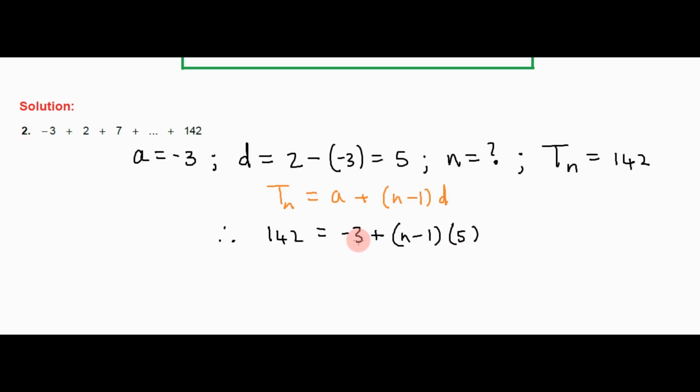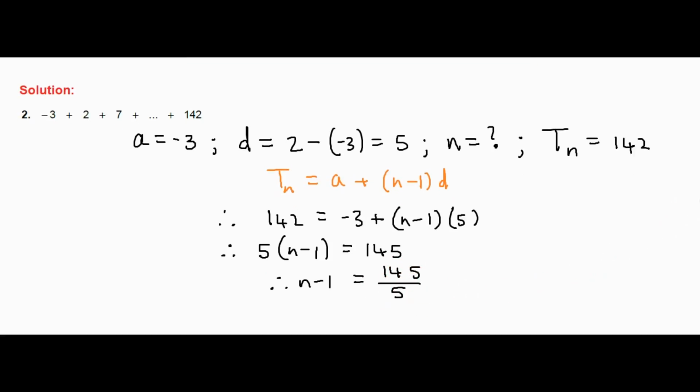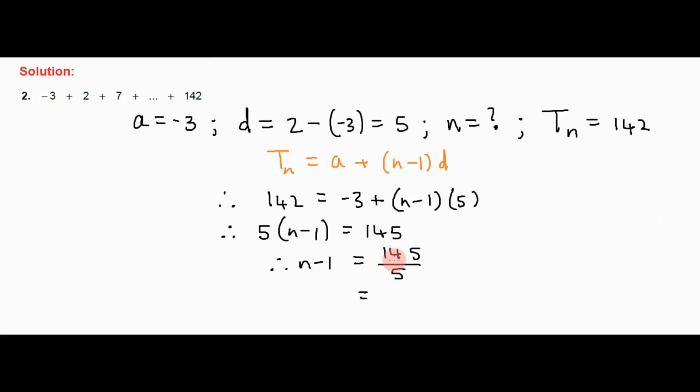We can bring the negative 3 to the left-hand side, so 5 into n minus 1 will equal 145. So n minus 1 is 145 divided by 5. So 145 divided by 5 will give us 29, and then n will equal 30. So now we have the number of terms.